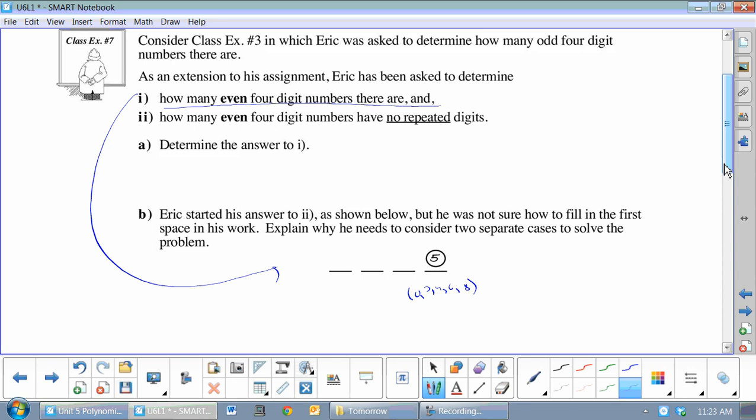Now, for the first blank, how many choices do I have? 9 or is it 10? It's 9 because I'm not allowed 0. How many choices for the next? 10. And the next? 10. So 9 times 10 times 10 times 5 is 4,500. That kind of makes sense, right? There should be as many even as odd.